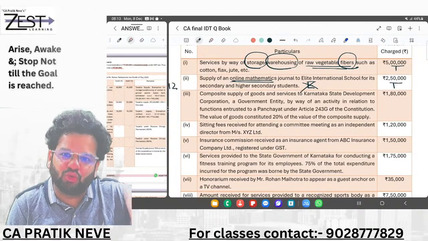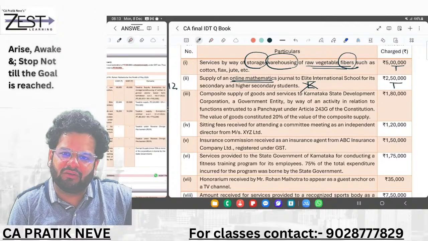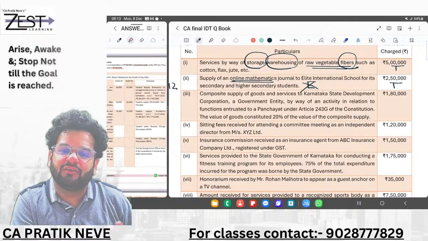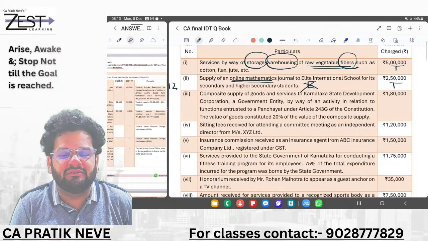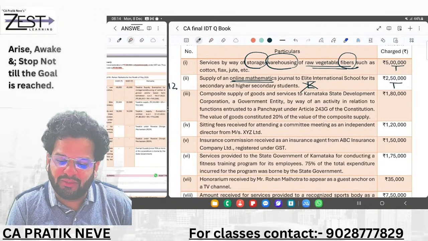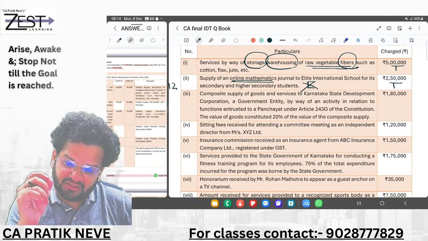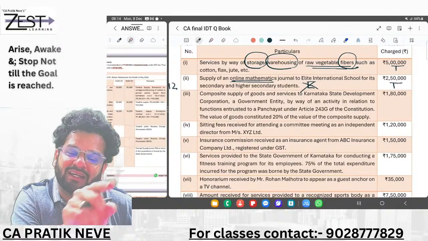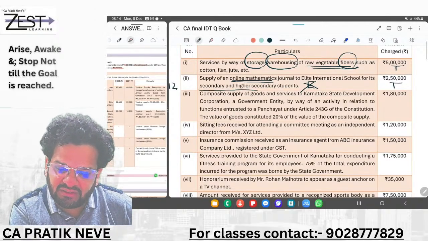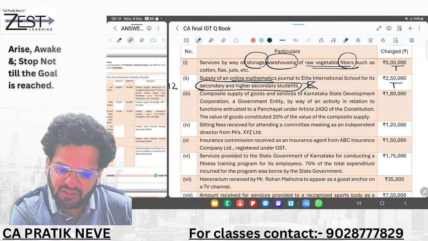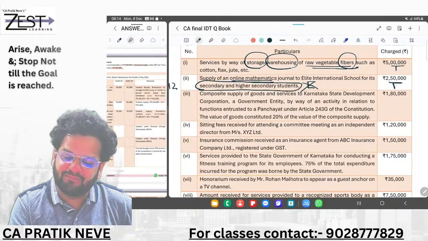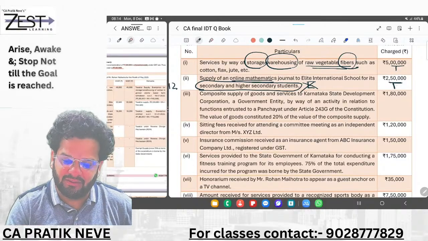Category 2 is the colleges. And category 3 is those who give services in vocational education. So supplying a journal only to category 2 is exempt. Here it is given to secondary and higher secondary students, school students. So this is not going to be exempt. This is going to be taxable.